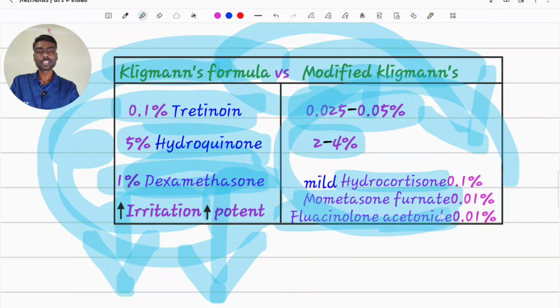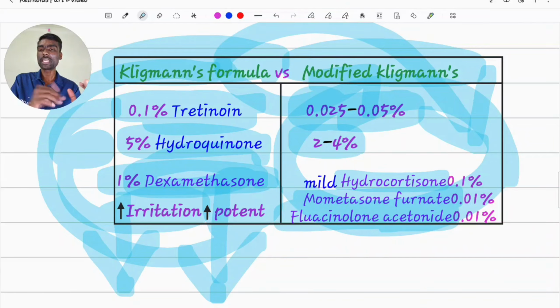With this, we can formulate various combinations of modified Kligman, either using 0.05% retinoid, 2% hydroquinone, combined with either hydrocortisone, mometasone, or fluocinolone acetonide. Like this, we can formulate various combinations of modified Kligman's formula. We can choose what to prescribe.